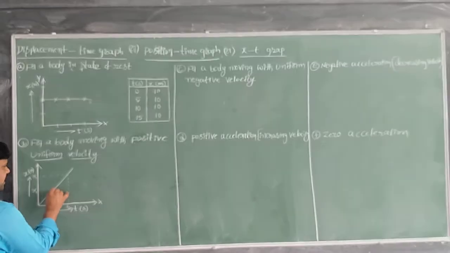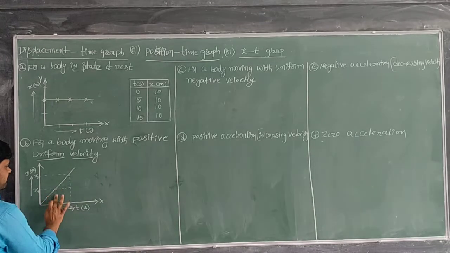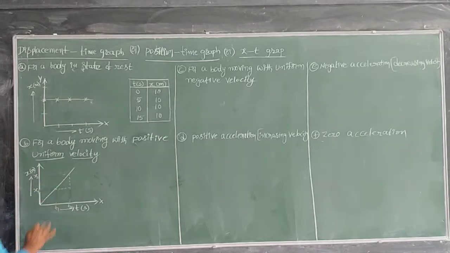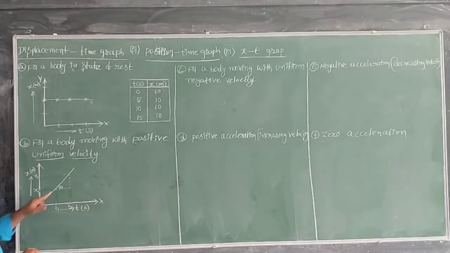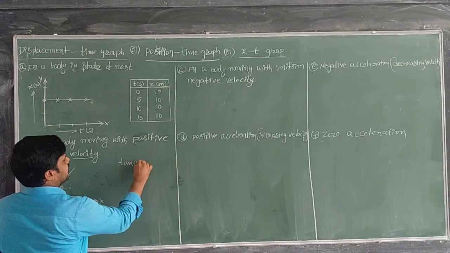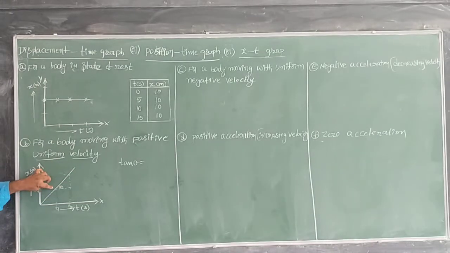Now let us measure the slope of the displacement-time graph. Slope, tan theta, is equal to opposite by adjacent side.